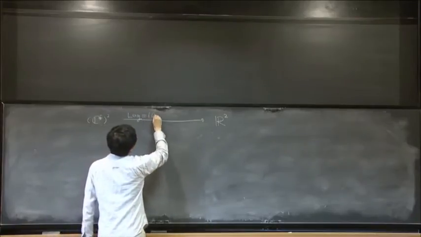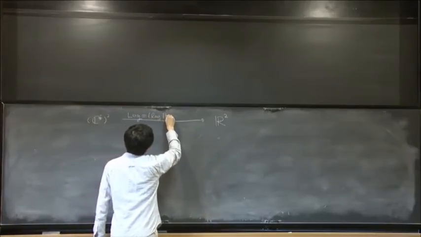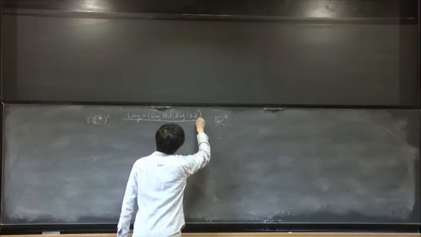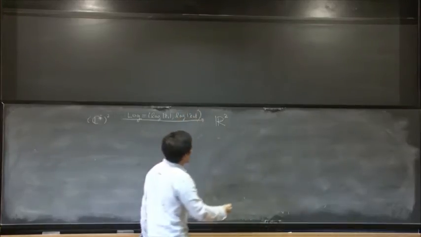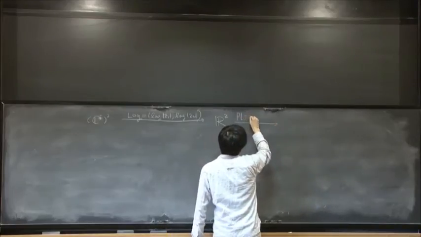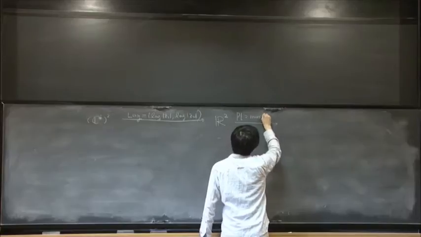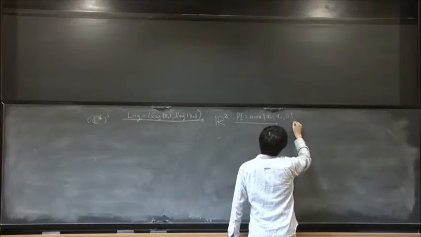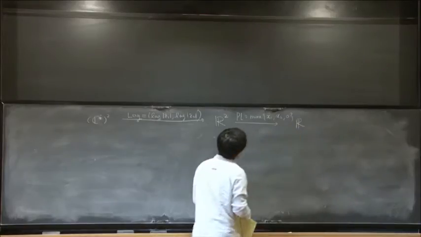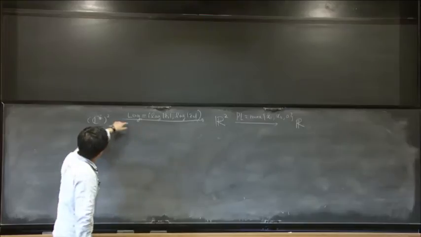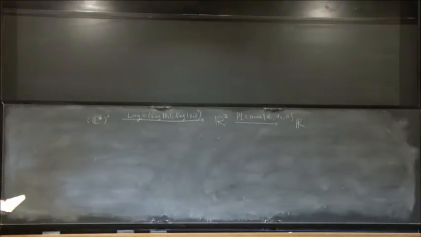This is simply log of the absolute value of z1, log of the absolute value of z2. And there's this piecewise linear function that I'll write as PL. That's simply the max of x1, x2, and 0. So here x1 and x2 are real coordinates, and z1 and z2 are complex coordinates here.